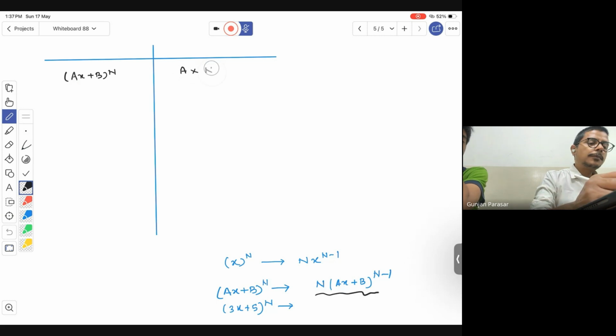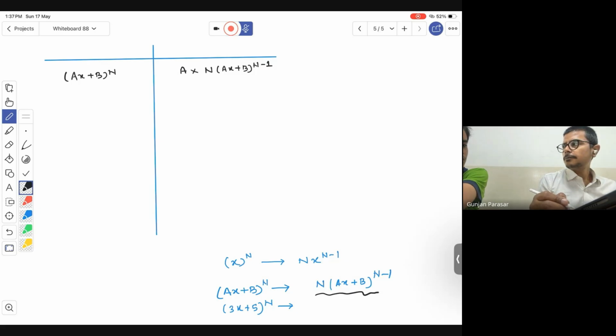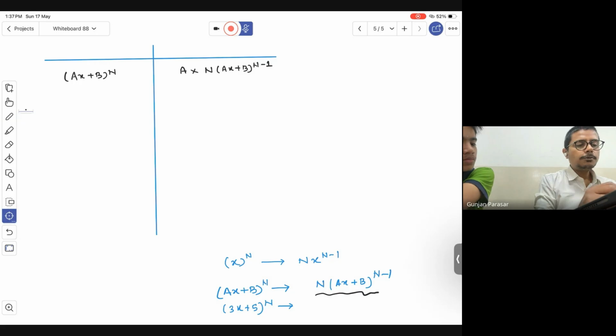And into (ax + b)^(n-1). This is what I was telling. So this pattern, you got that? No? So whatever is done to x, or whatever thing is done to whatever is inside the bracket, the same thing is done to the bracket.